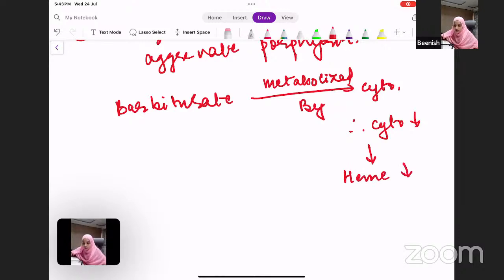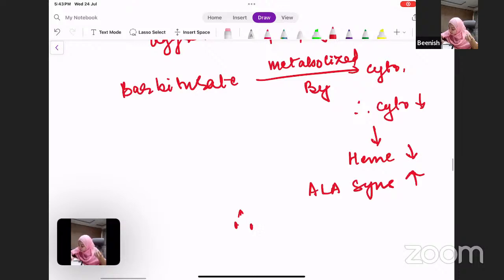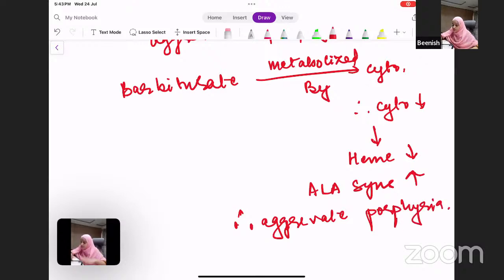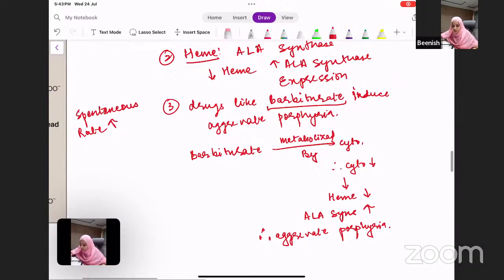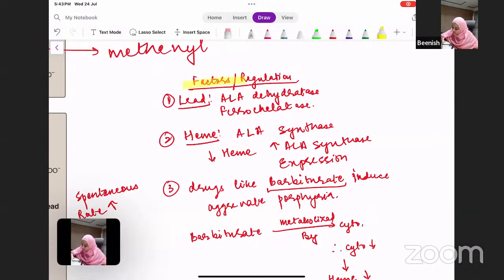Your heme also decreases, and decreased heme means that your ALA synthase is going to be increased. Okay, so your ALA synthase expression is going to increase, and therefore it is going to aggravate porphyria. Okay, so that was about the regulation of heme synthesis, or factors affecting heme synthesis.